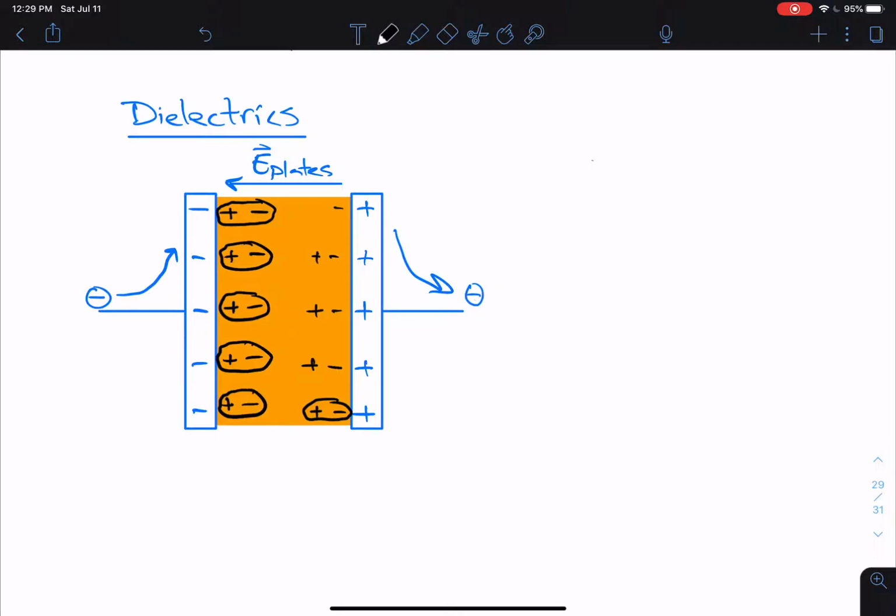And to some degree, this happens throughout the dielectric. How much it happens depends on the dielectric itself, what it's made of. But this results in the left side of the dielectric being positively charged and the right side being negatively charged. And so you get an electric field created by the dielectric. It's going to the right.